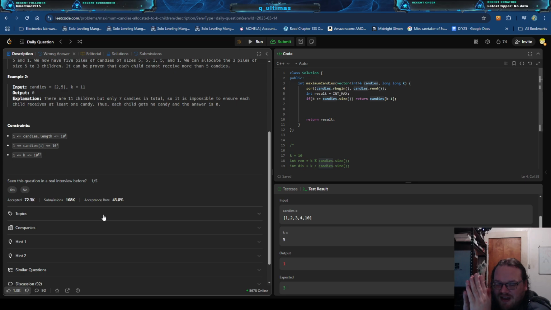If I said k equals 5, then we're looking for a valid split. If we have 3, okay, even if we have a valid, how would we check if it's valid?